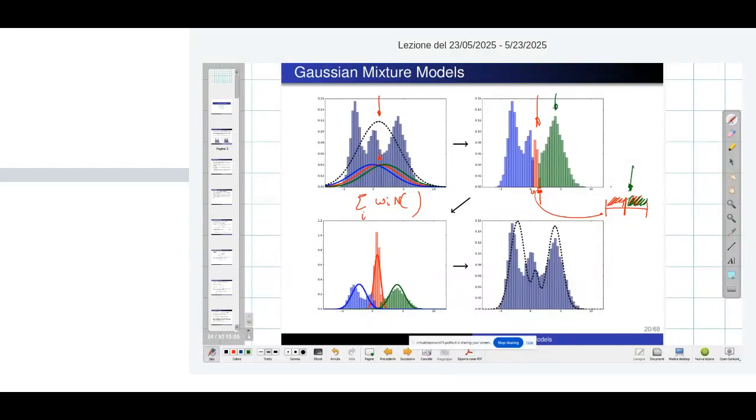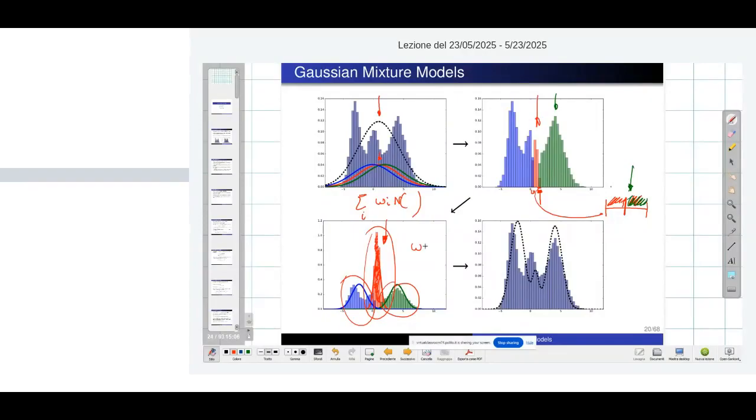Then I fit one Gaussian to each cluster. So I treat these as if they were three data sets. You see the histograms are rescaled because now I treat each set of points as its own data set. So I plot the corresponding density histogram for each class. Each histogram area is now equal to 1 because I want to see how well my component will fit that particular histogram. I fit a Gaussian to each of these three sets.